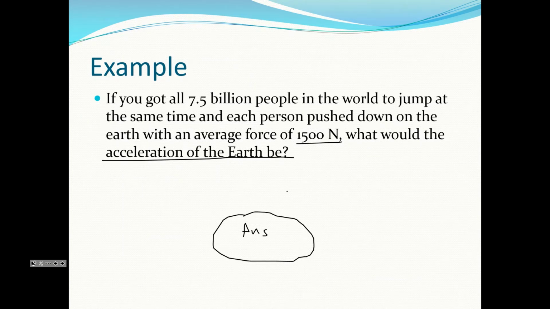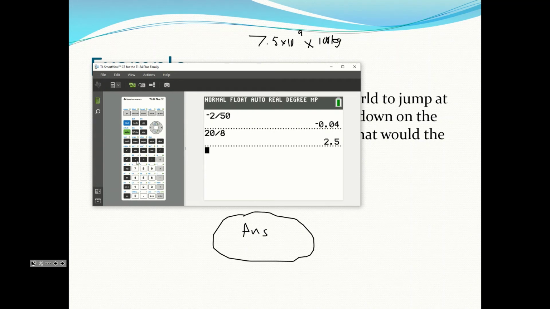We wouldn't have a big enough force because of the mass of all the people on the Earth. If you took 7.5 billion, which is 7.5 times 10 to the 9 people, and let's say the average person is even 100 kilograms, which is way higher than the average mass, like 200 pounds. I multiply 7.5 times 10 to the 9 by 100, and that's the mass of all the people on the Earth.